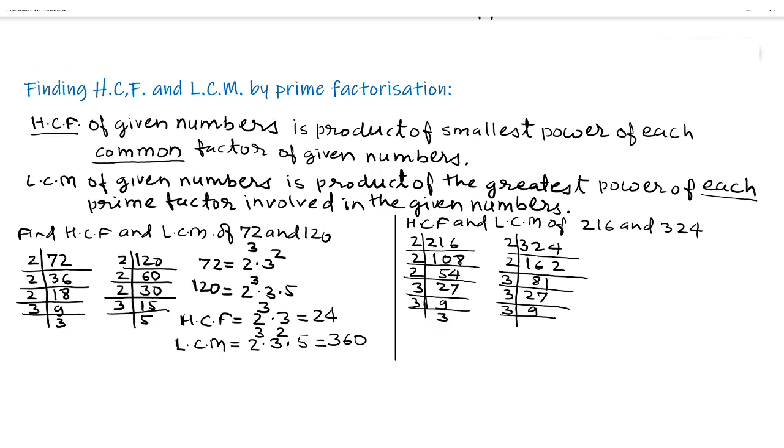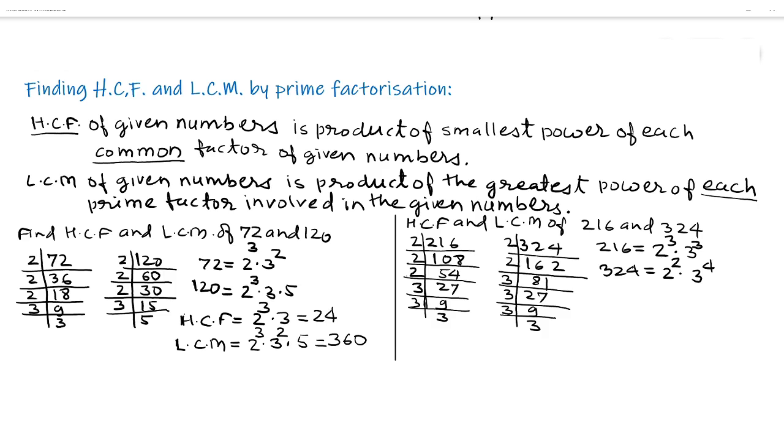We again divide by 3. It gives us 3. So we have done the prime factorization of 216 as well as 324, and we write 216 equals 2 to the power 3 into 3 to the power 3, and 324 equals 2 to the power 2 into 3 to the power 4.